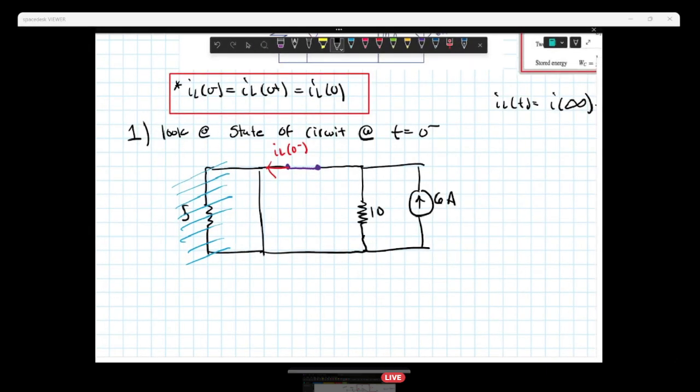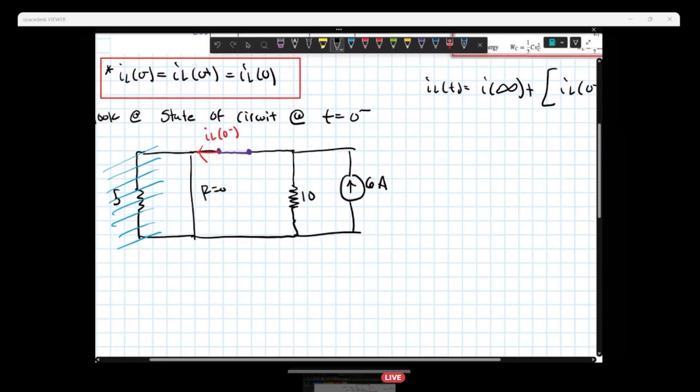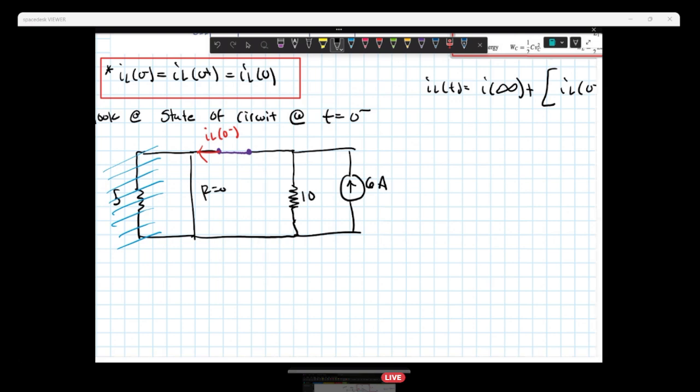It is 6. No, I'm overthinking it. Because you do current division. This is R equals 0. You're gonna wire around the 10 ohm resistor. You're just skipping it completely. It's quite literally a short circuit. R equals 0, so it'll be 0 plus 10. Wait a minute.